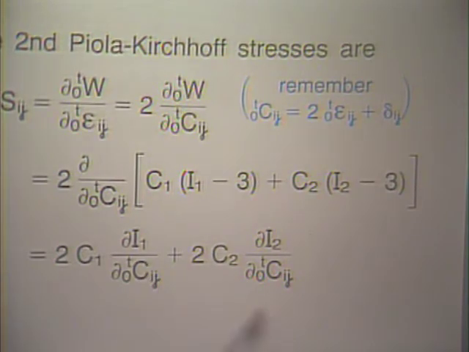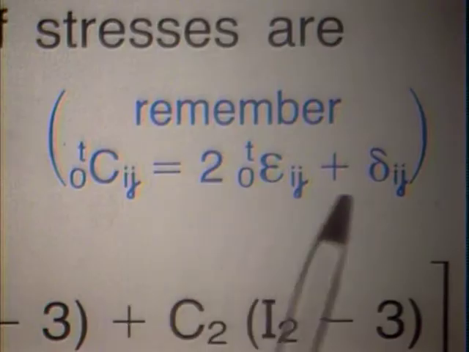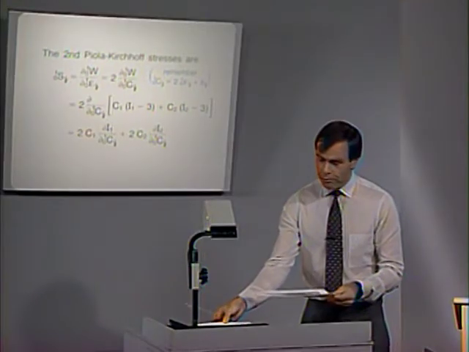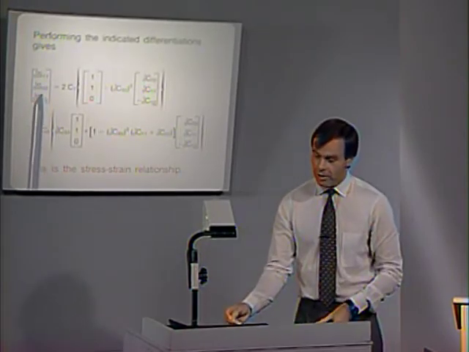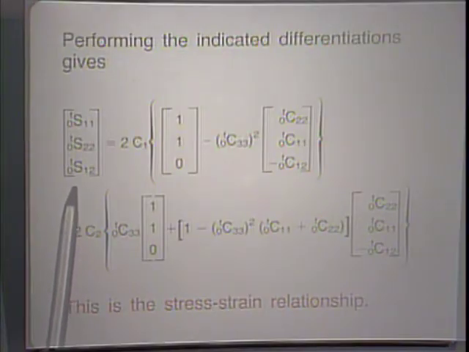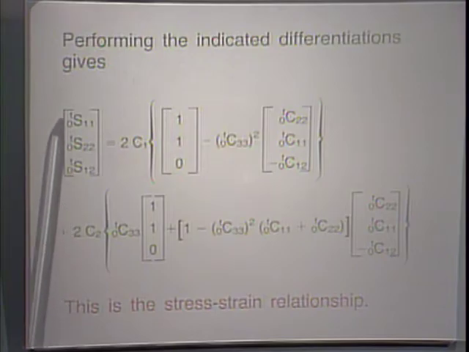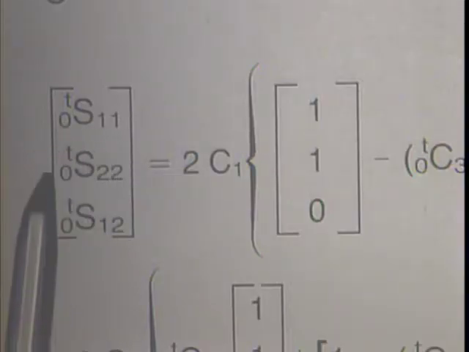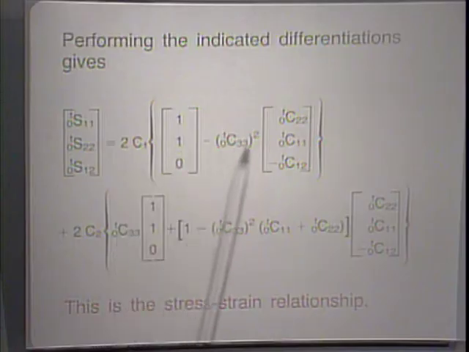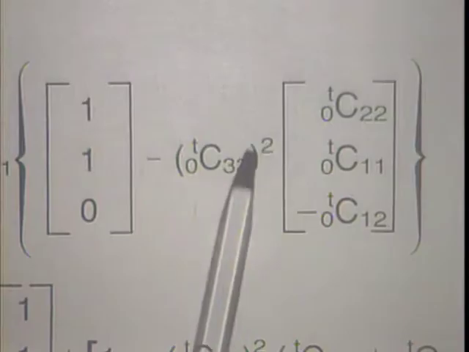That relationship we use, and that actually brings into it this relationship here. And if you perform then the differentiation, the final result is shown on this viewgraph. This is the stress-strain relationship that gives the total stresses in terms of the Cij components.